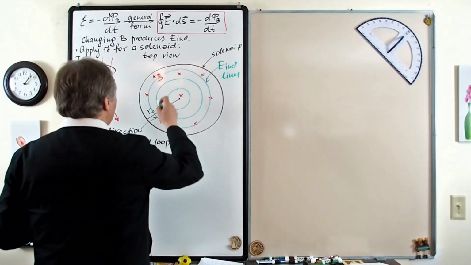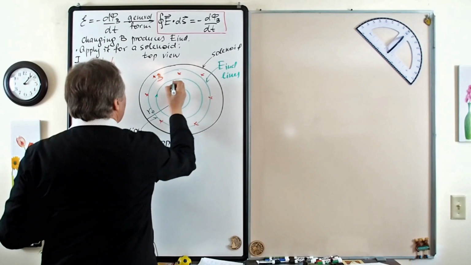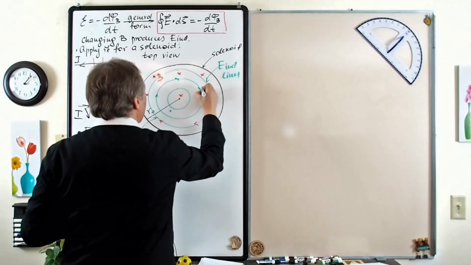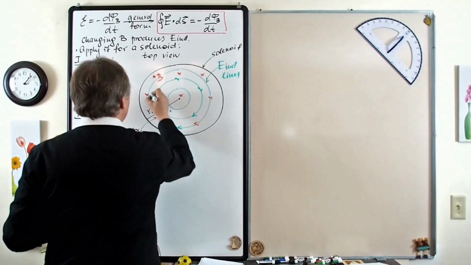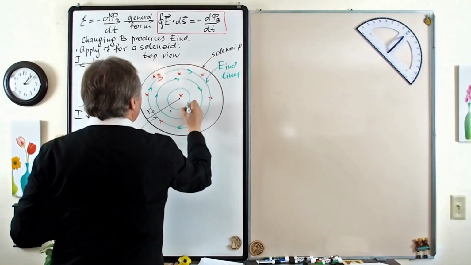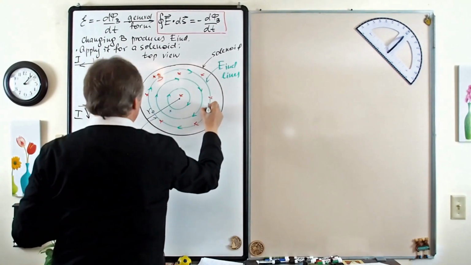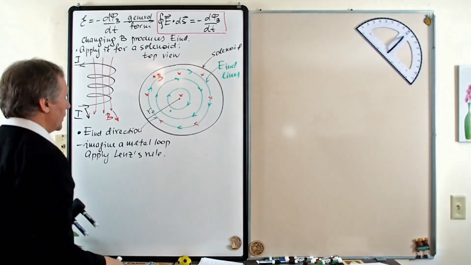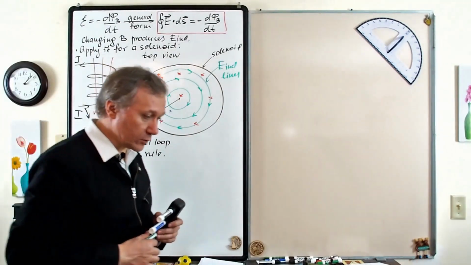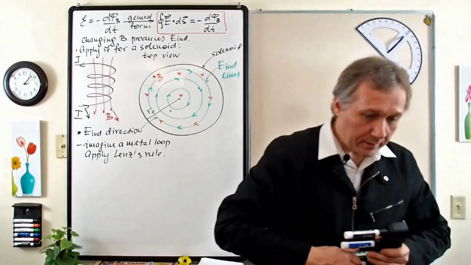So the direction of these electric field lines is going to be this way. Okay, so that's how you can get the direction of the induced electric field lines.